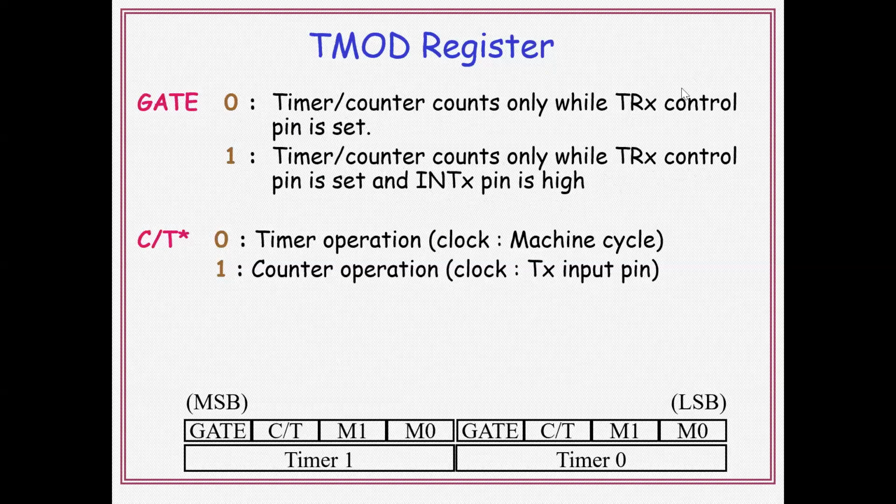If it is internal, it depends only on TR, the timer run control bit. If it is external, it depends on the timer run control bit as well as the INT pin. Next, C by T bar, counter or timer: 0 indicates timer operation, 1 indicates counter operation.